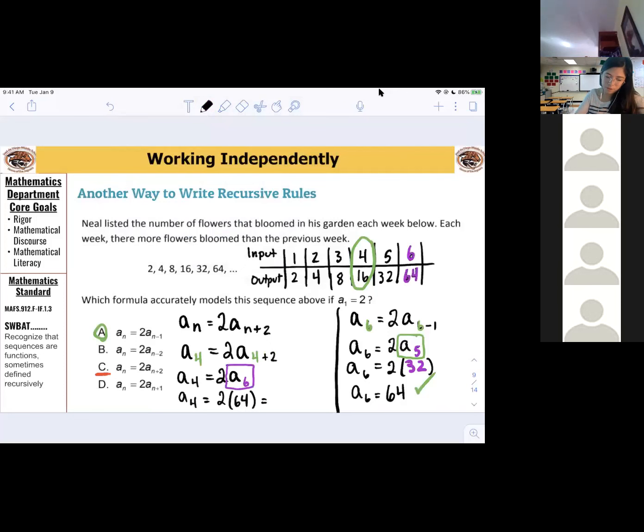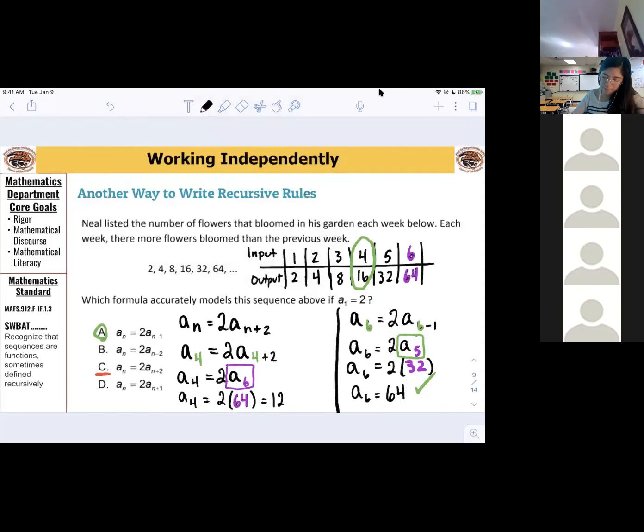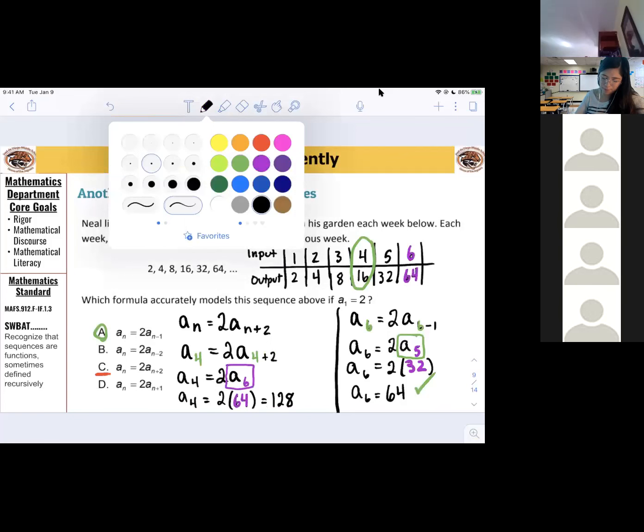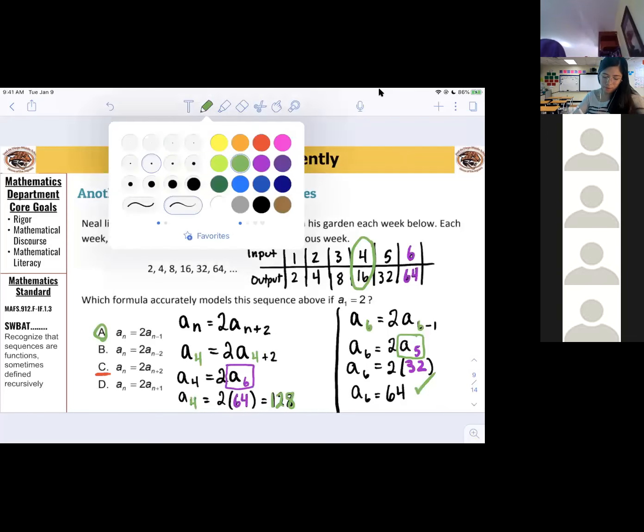And what's 2 times 64? 128. Does that match with what I wanted to get in my table? No, because I wanted to get 16. If I plug in a 4, if it was the right answer, I should have gotten 16, but I didn't. So that's how I know that C is not the right rule for me.